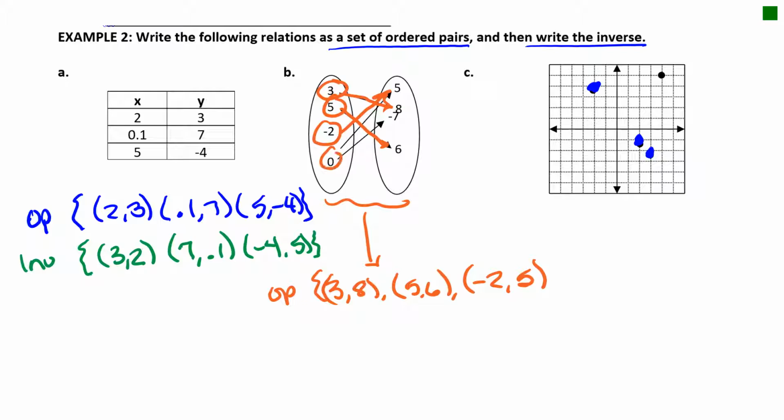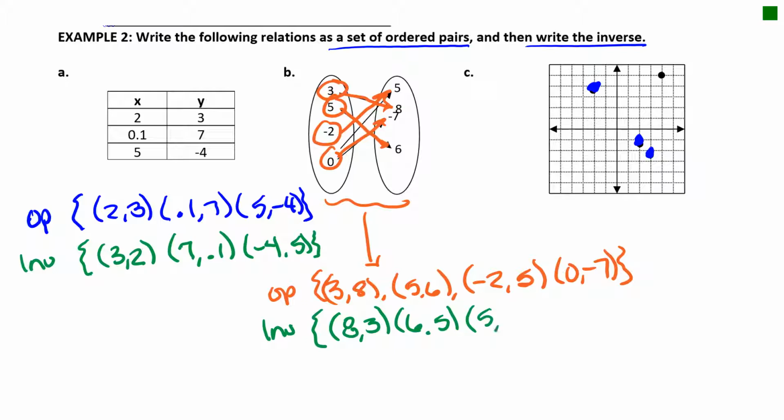And then 0 has an output of negative 7. So my little snipping tool did not work well, did it? That's sad. All right, my inverse, we just reverse them. It's going to be 8, 3, 6, 5, 5, negative 2, negative 7, 0.